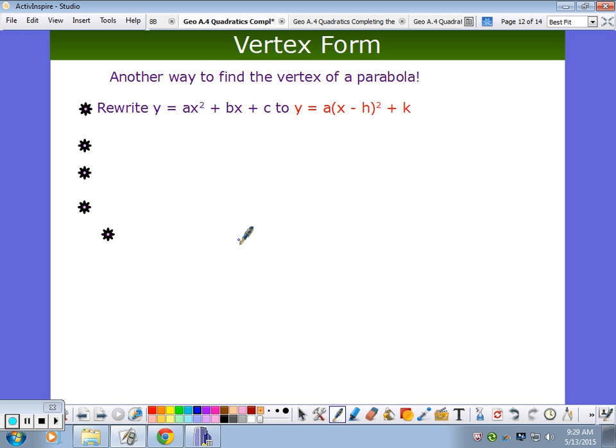So we're going to rewrite the standard form of a parabola into the vertex form of a parabola, and that's this: y equals a times x minus h squared plus k. Anything familiar with this? Where have we seen this before? Yeah. Isn't that like the same thing as circle?